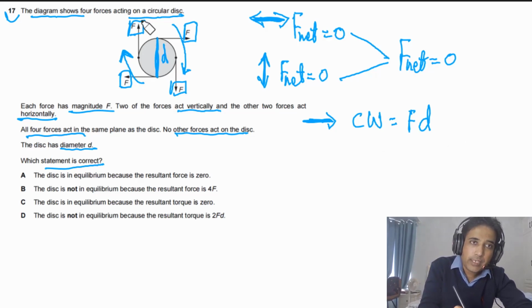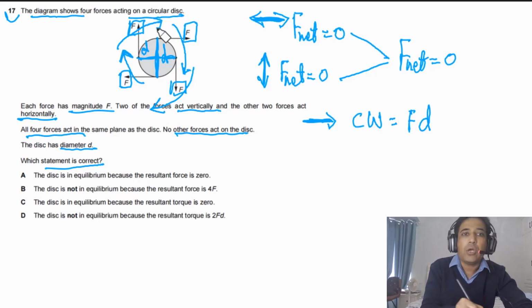Now we can look at the forces along vertical, and the separation between these two forces is also d. The moment due to this force will be clockwise, and due to this one also clockwise.